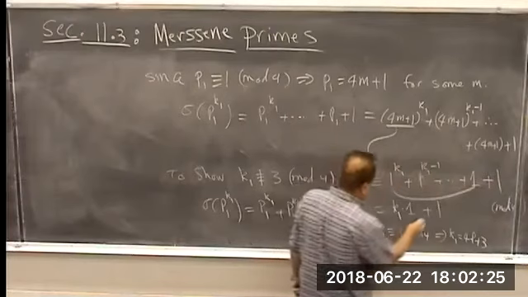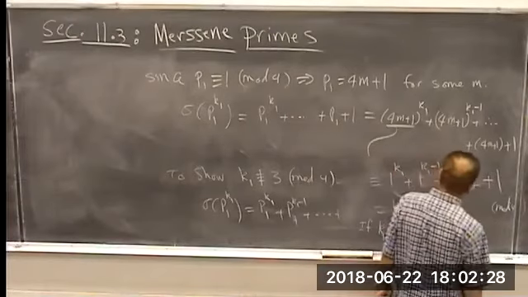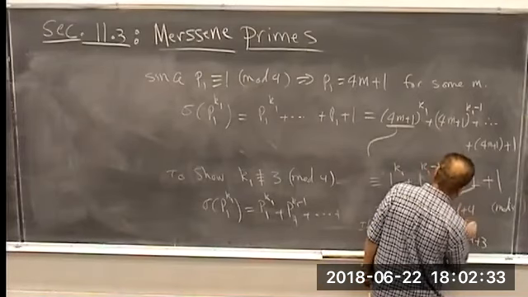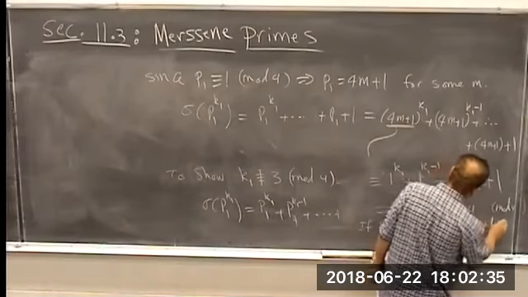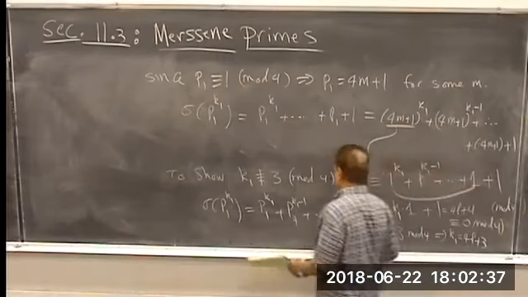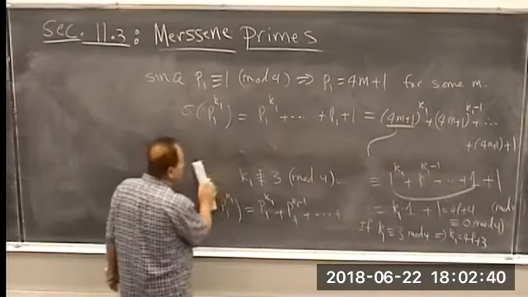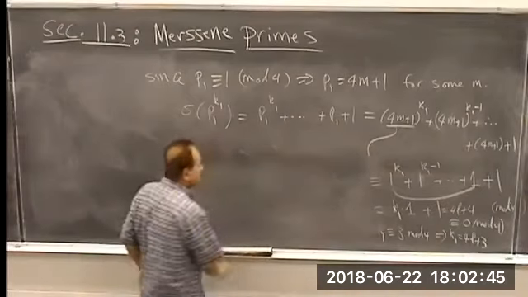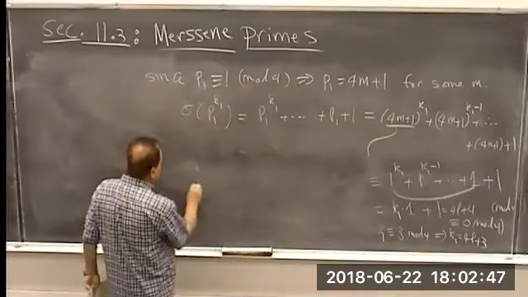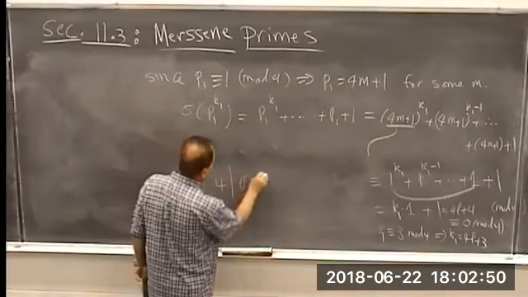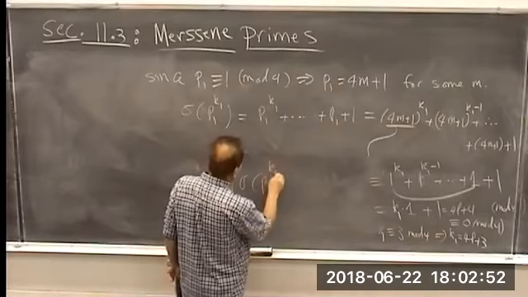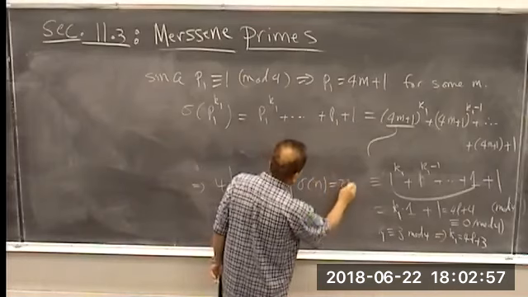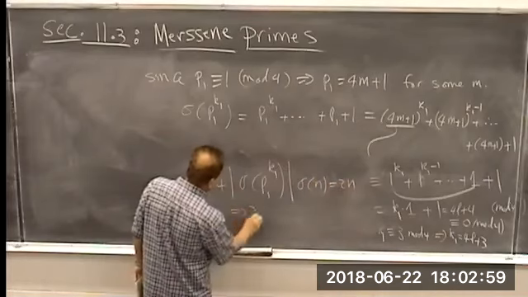Together with the extra 1, this is equal to 4L plus 4, and this is congruent to 0 mod 4. And we end up having the same contradiction, that 4 is going to divide sigma of P1, K1, and this divides sigma of n, which is 2n, and it makes 2 divide n, a contradiction.